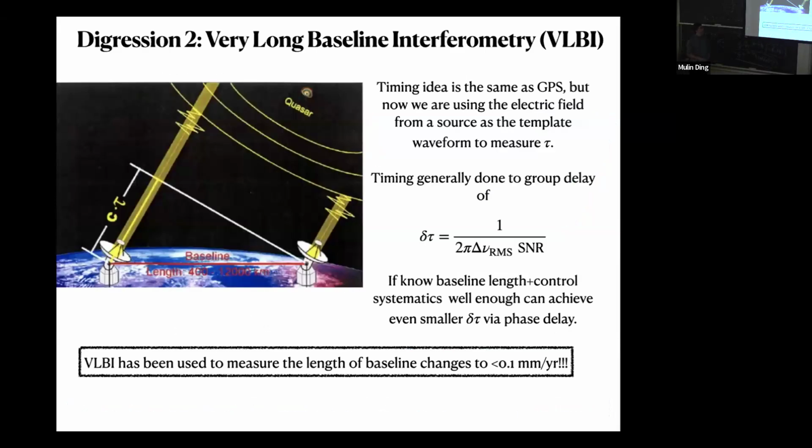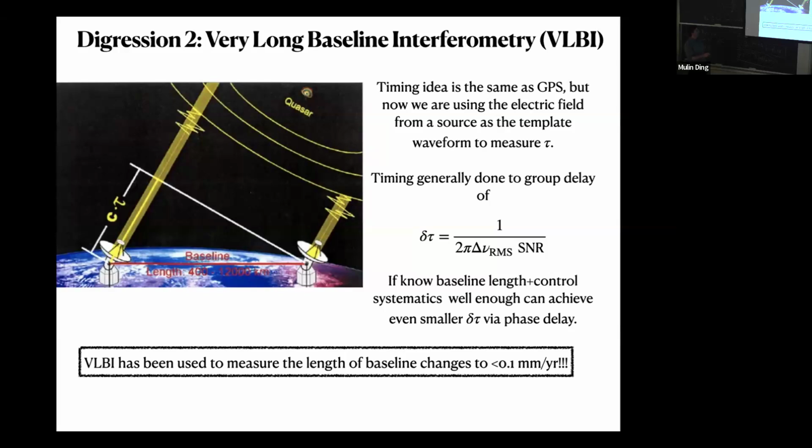Okay, next digression. There are 5 digressions. It's very long baseline interferometry. This is kind of similar to GPS, but on astronomical sources. So we have some dish in, maybe this is North America, and maybe this is Europe, and there's a quasar, or whatever astronomical radio source you're interested in, and the light from the quasar will hit this dish before it hits this dish.